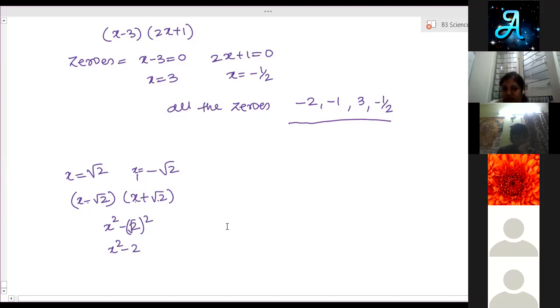After dividing, you will get a quadratic polynomial as the quotient. Factorize it and find the remaining zeros. Can you do it?